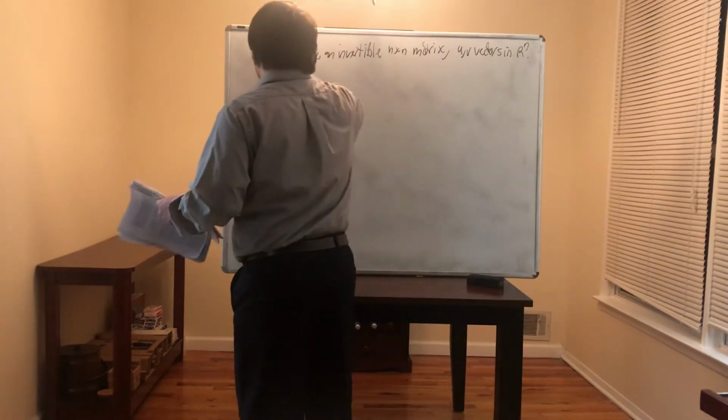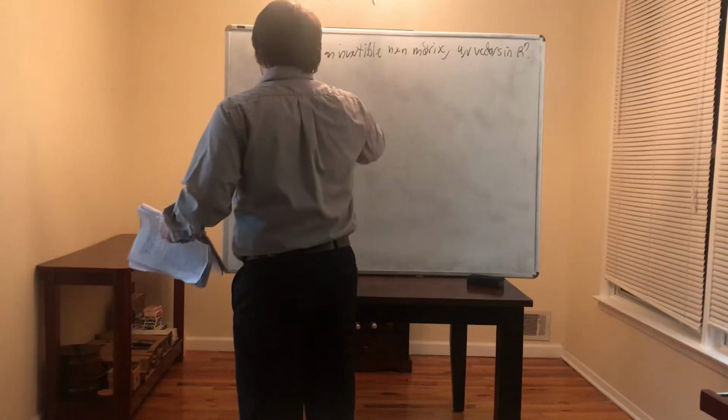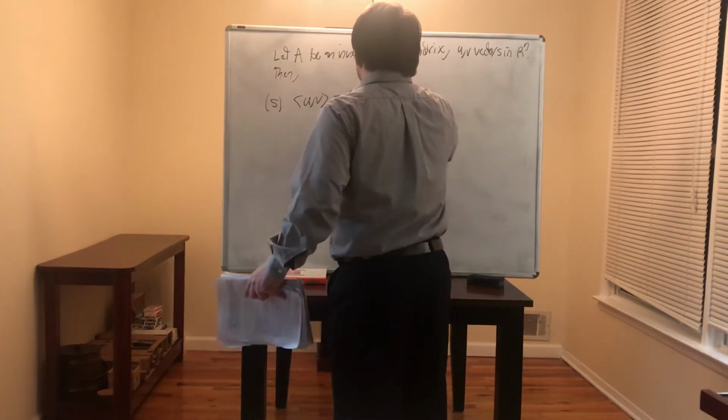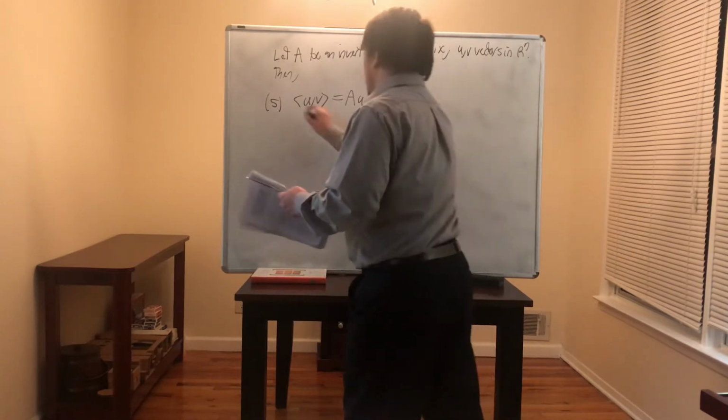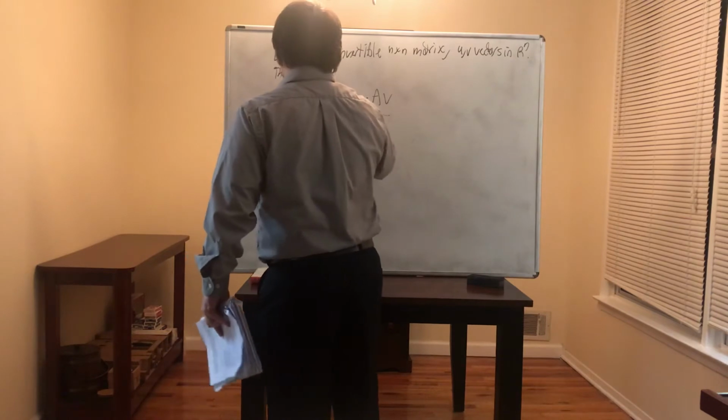Then the inner product between U and V is equal to AU dotted with AV, and that defines the inner product on Rn generated by A.